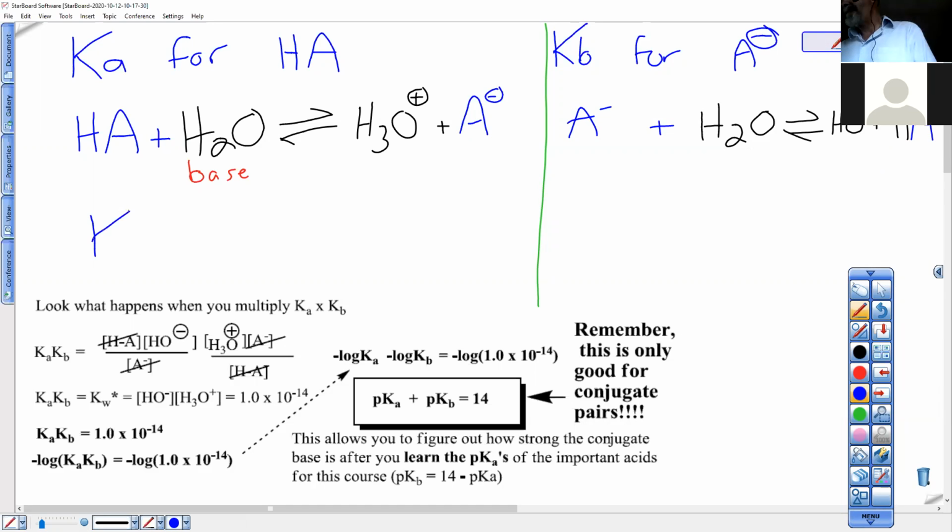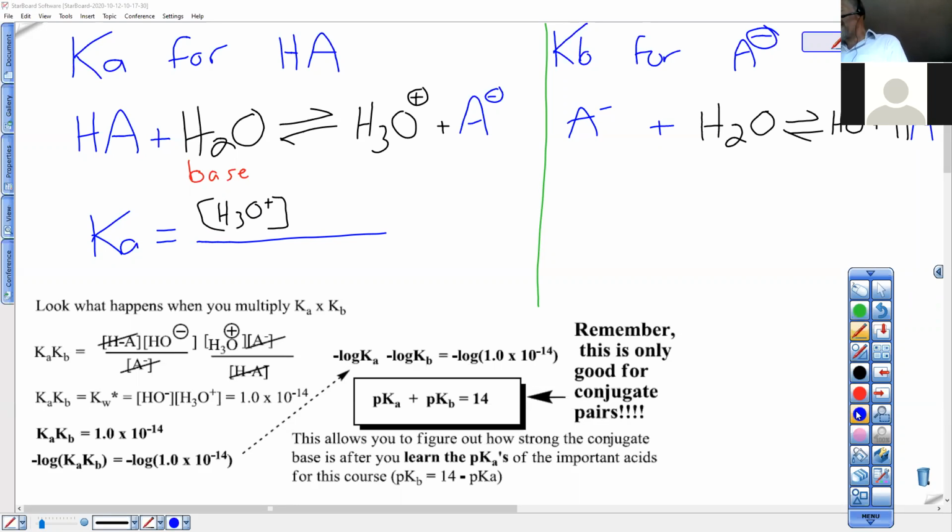Ka is the hydronium concentration times A minus over HA. Remember, products concentrations over reactants concentrations, leaving out things like solvents, and if you remember from 141, solids as well. We won't deal with solids here. Make your life easier.